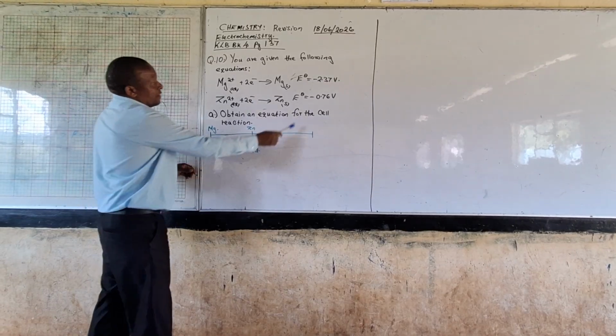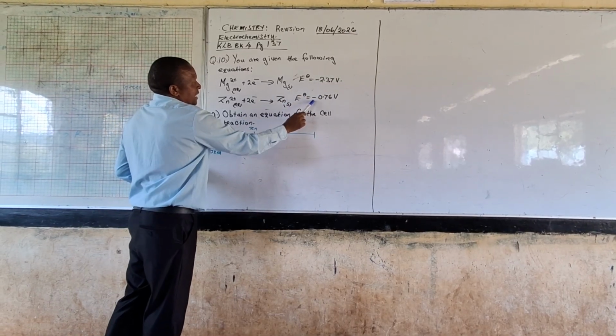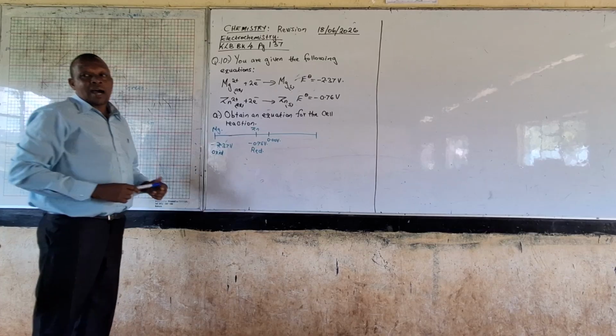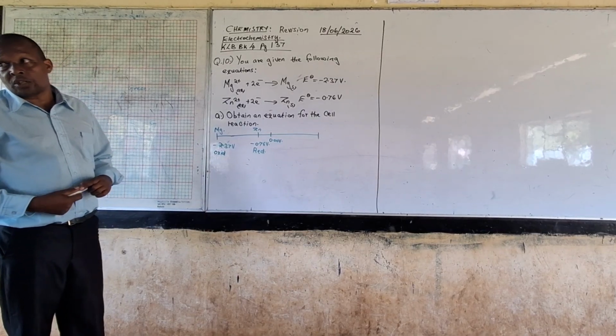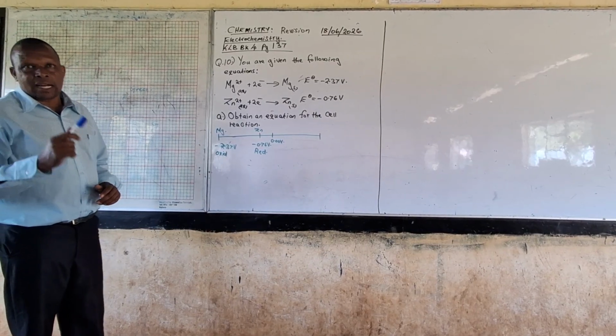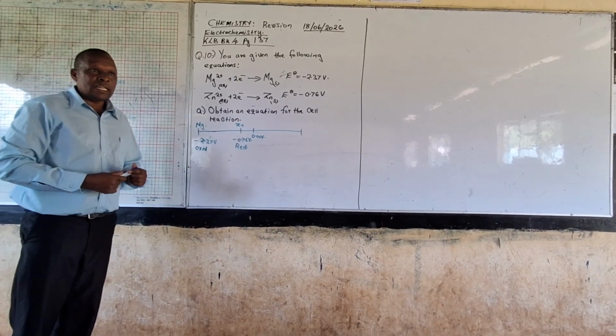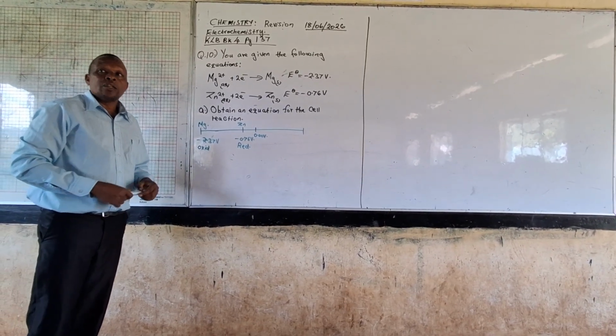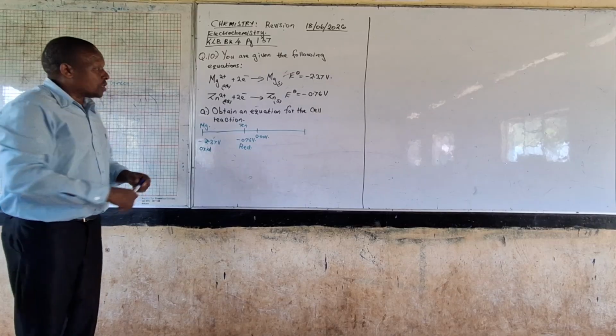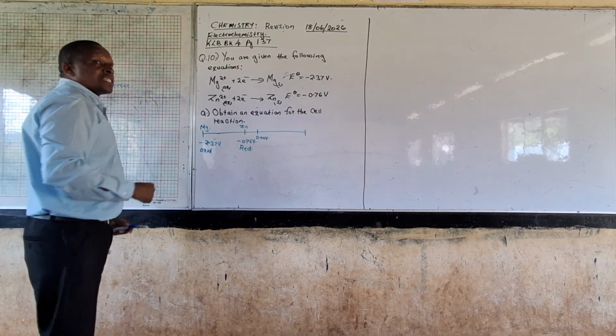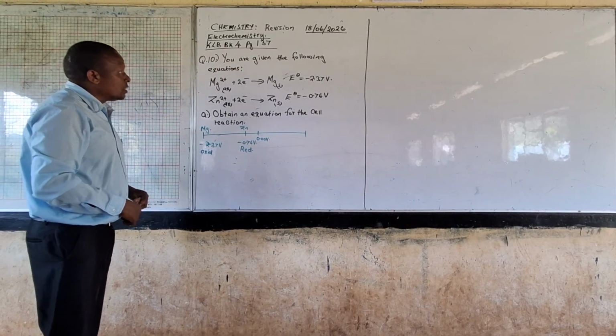The values that we are having here, negative 2.37 and negative 0.76, are reduction potentials. They show the tendency of an element to gain electrons. So the one which is on the right hand side is having a greater tendency to gain electrons.